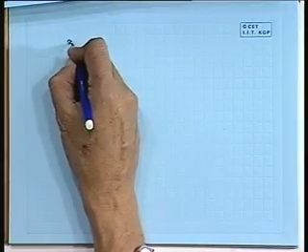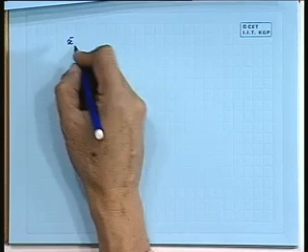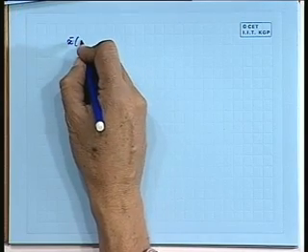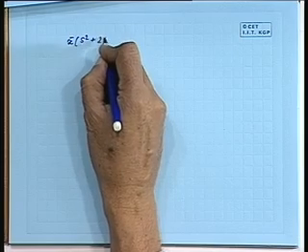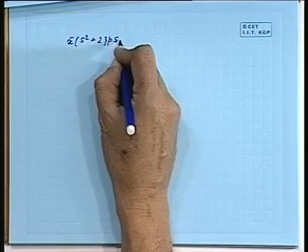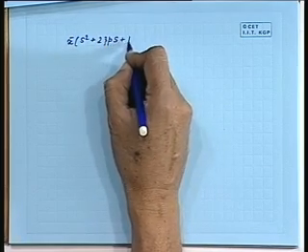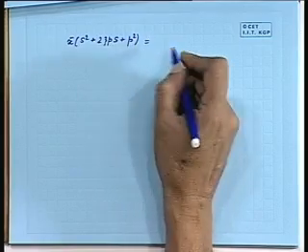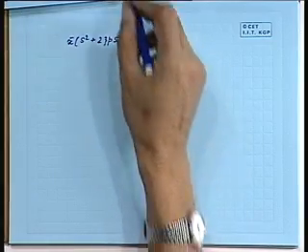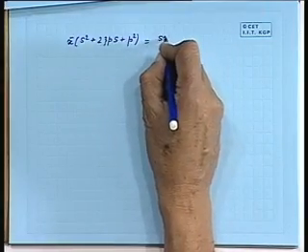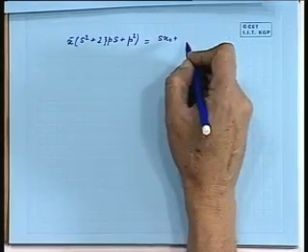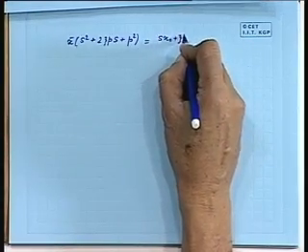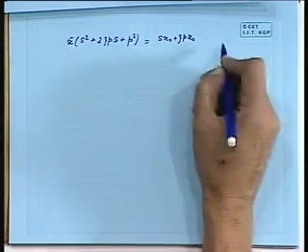Now writing the transformed response here, s square plus 2 zeta p s plus p square, and as usual writing this in a split form, s x0 plus zeta p x0.